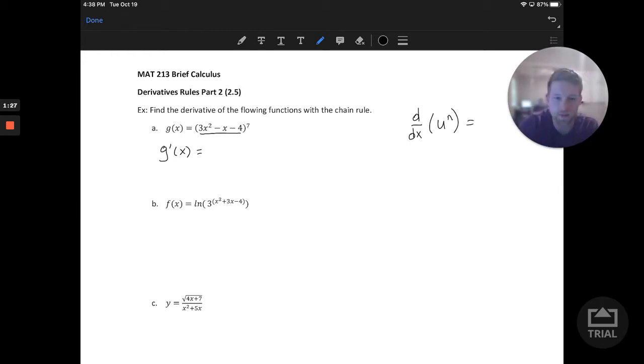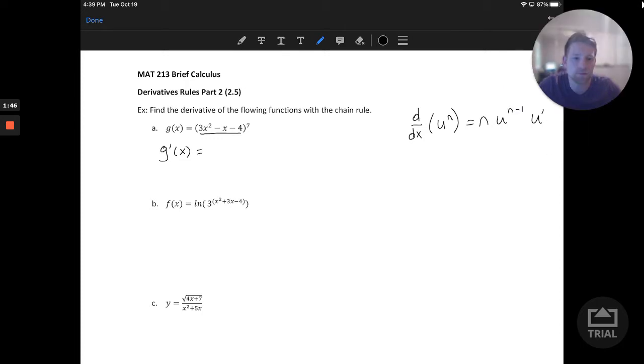With that generalized power rule, we could say that this is going to be n times u raised to the n minus 1 times u prime, whatever that u function happens to be. So that's really the generalized chain rule there, or the generalized power rule for this function here.